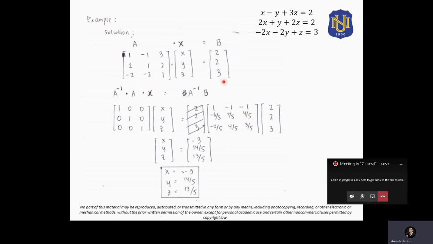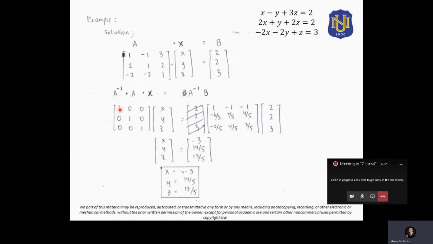No? So now we will multiply both sides by A raised to negative 1, which is the inverse matrix of our coefficient matrix. Okay, so again, yung A raised to negative 1 times A, class, yun ay equal sa identity matrix. Okay, kung naalala mo dun sa may formula natin sa pag-solve ng inverse matrix.